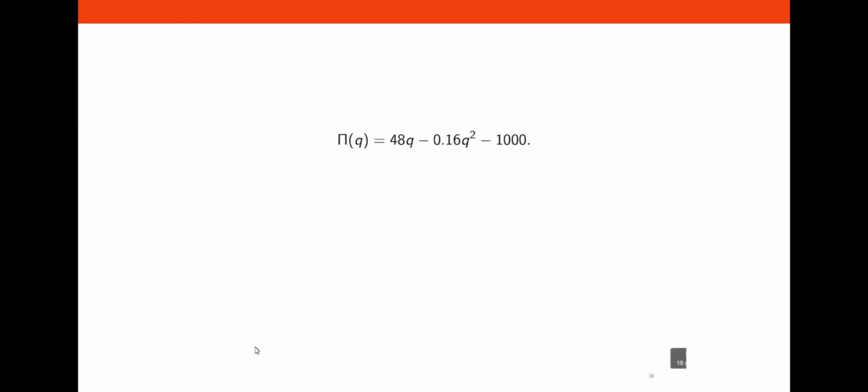So here is our profit function, and the question that we're asking is, which value of Q maximizes this expression? That's the profit maximization problem.